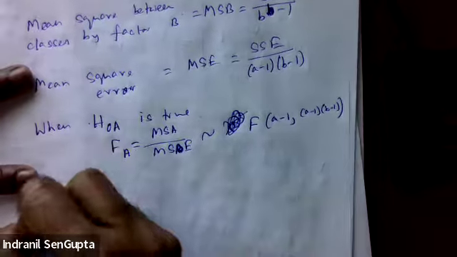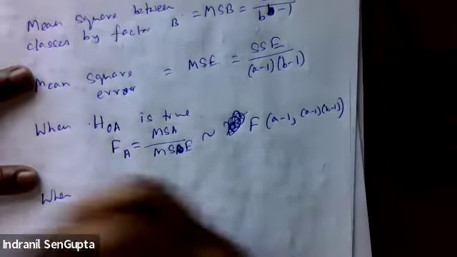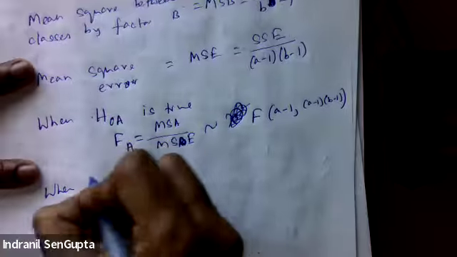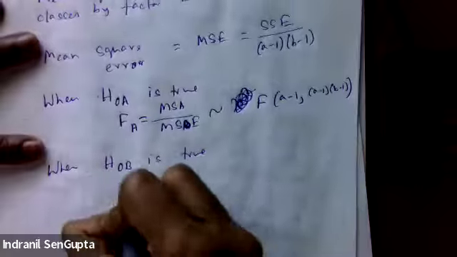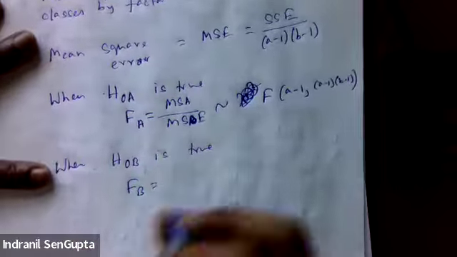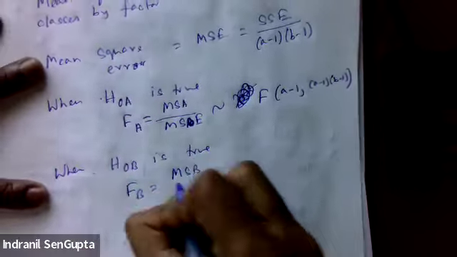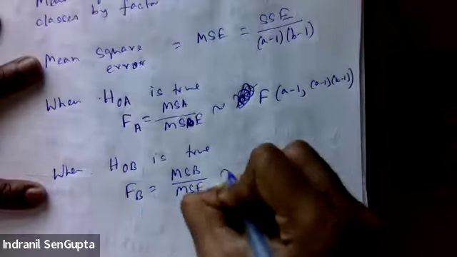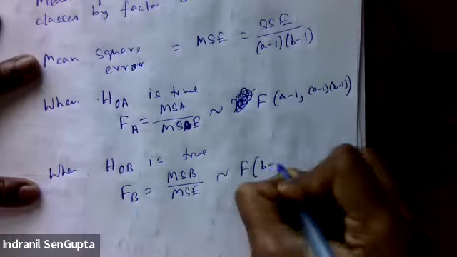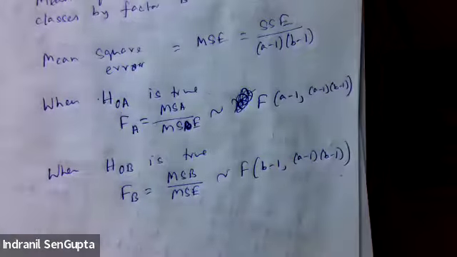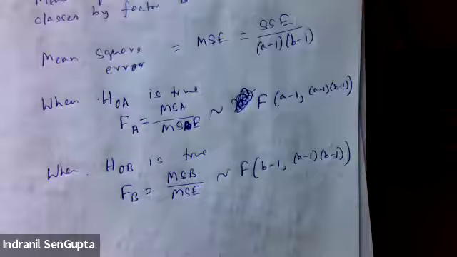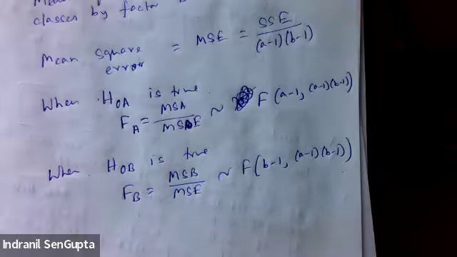And when the other one, namely H0B, is true, then FB, which is MSB over MSE, follows an F distribution with B minus 1 and A minus 1 times B minus 1. It's very similar to what we have done earlier. And that's pretty much it. From there, we'll try to conclude things.